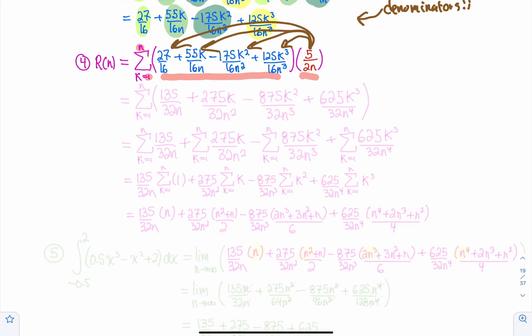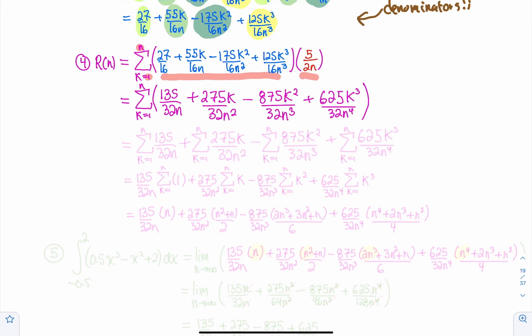If you distribute 5 over 2n inside the bracket, you're going to get the following thing. Your summation is going to become the summation of 27/16 times 5/2n, that simplifies to 135/32n. 5/2n times 15k/16n will simplify to 75k/32n².